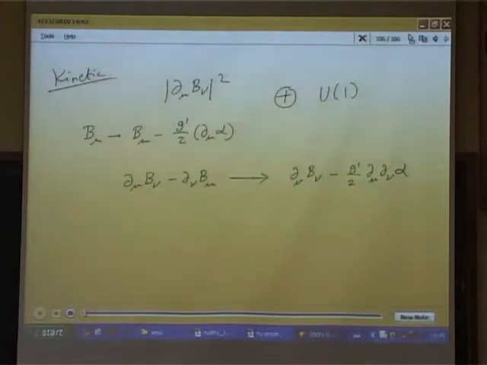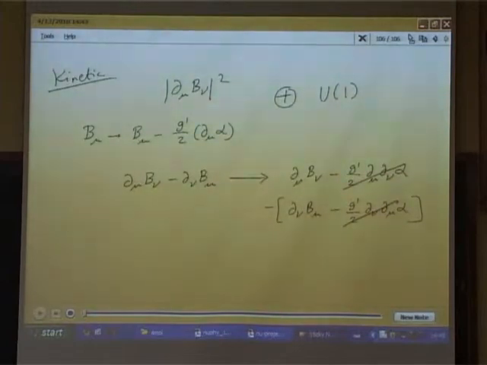And the second term is minus ∂_nu B_mu minus g'/2 ∂_nu ∂_mu alpha. And now you see that because I have this reverse subtraction, these extra terms actually drop. As a result, under gauge transformation, my ∂_mu B_nu minus ∂_nu B_mu remains the same.